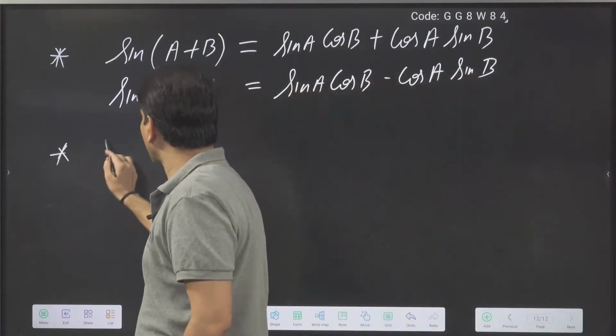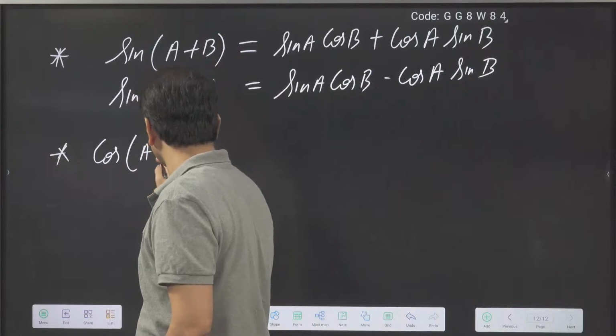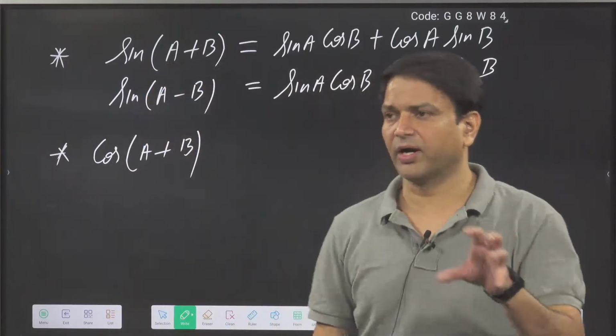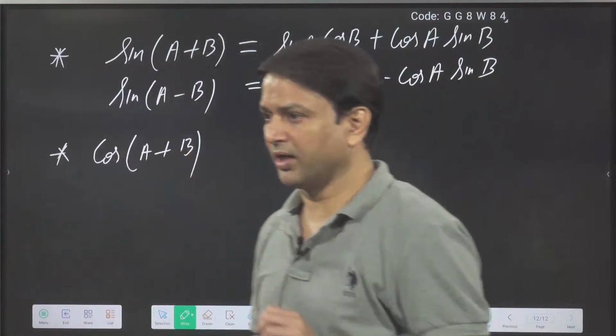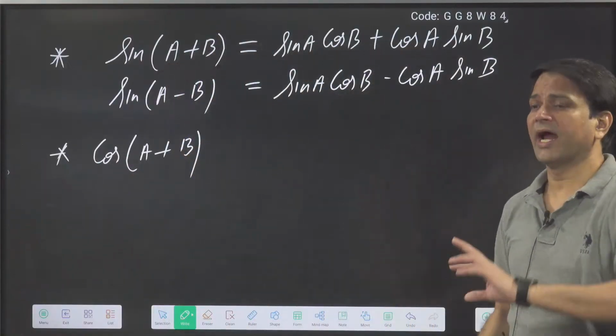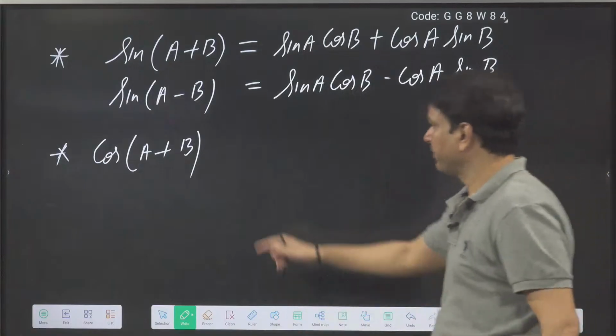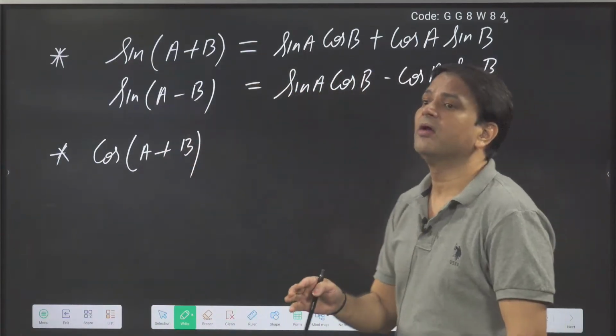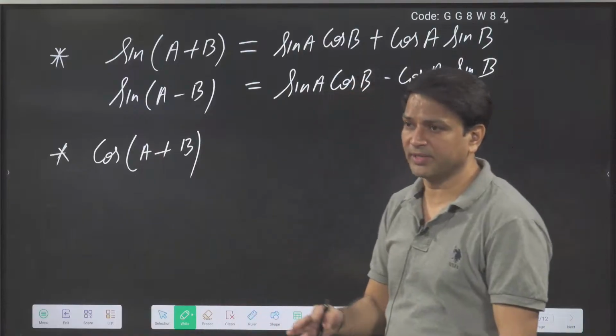If I am using cos, then two changes will be there. One term will contain both cos, and one term will contain both sine, and a sign difference will be there. If we are using plus, then minus. If we are using minus, then plus. Why? For a larger angle, cos will be smaller.